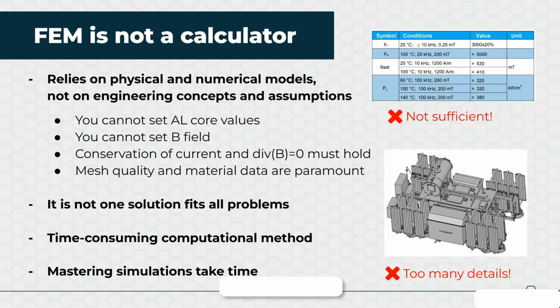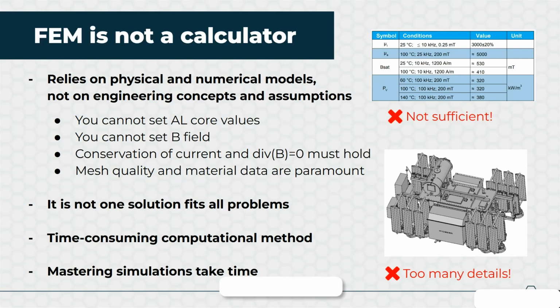So let's say you have a core and you would like to say, okay, I have 0.5 Teslas in the core. Okay, fine. But consider that 3D FEM operates in a physical paradigm, so we have to be sure that the divergence of magnetic flux is 0. And the same with currents.